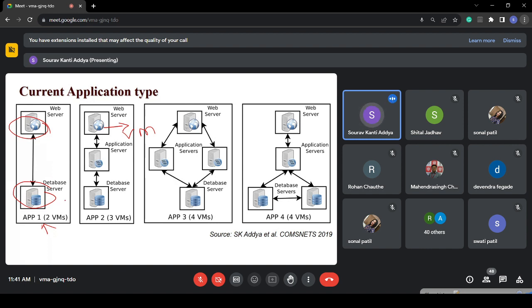So in terms of cloud, if I say my application needs 3 servers, that means I am asking for 3 VMs from the cloud service provider. So you need to understand the current application type or the system requirement.